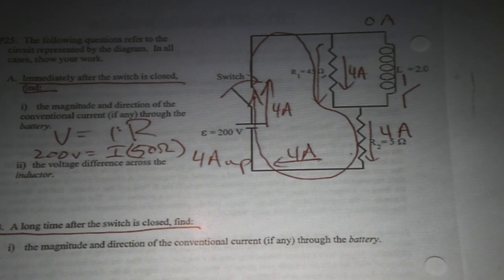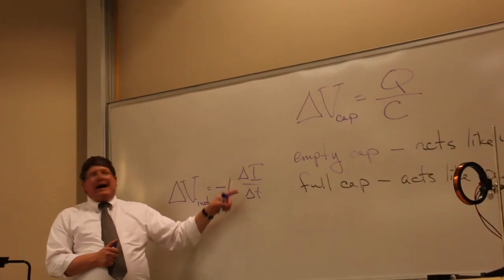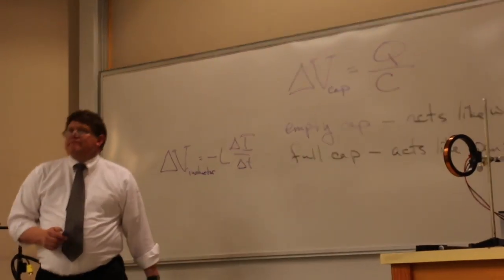Don't. If you try to use that, you're going to confuse yourself. The only time you can use this is when you're saying, oh, the I's not changing, so delta I is 0. So the inductor voltage is 0. Because I don't know how quickly I'm trying to change the current, I don't know how to use this formula.